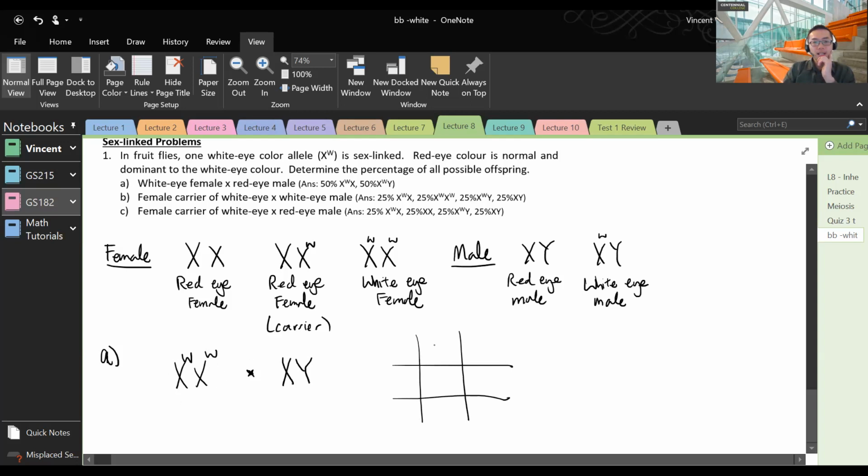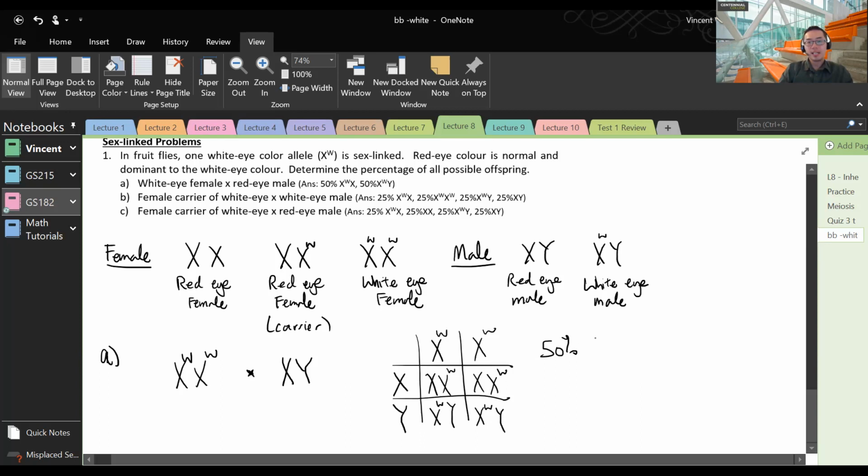So XW, we're gonna put it right here. And then X and Y is just gonna be like this. So if this sperm fertilizes this egg, we will have XXW. Same thing over here, XWY, XWY.